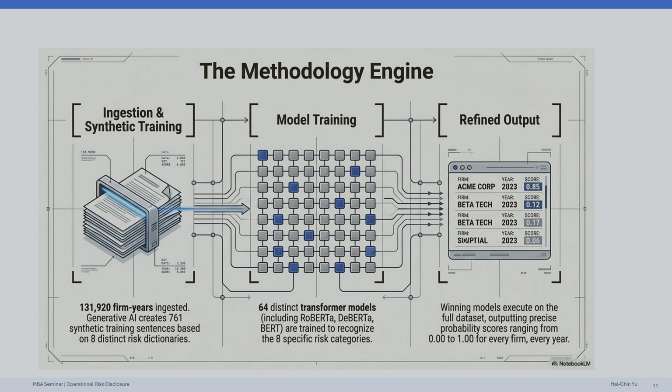So this is the methodology engine: input, feed the data to the model, and pick the one best model that has precise prediction power across the different types. So they compare and refine, and finally get output. And so when you export the output, you will know which firm has what kind of risk measure, their probability scores and so on.